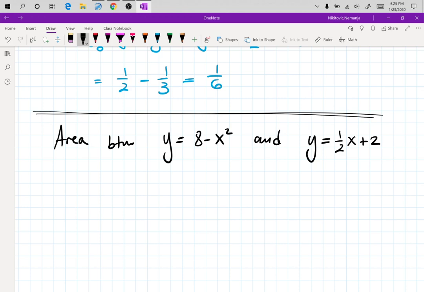What is the issue that you should already have with this problem? You already know what's on top, what's on the bottom, right? You started writing the integral. What's the issue?